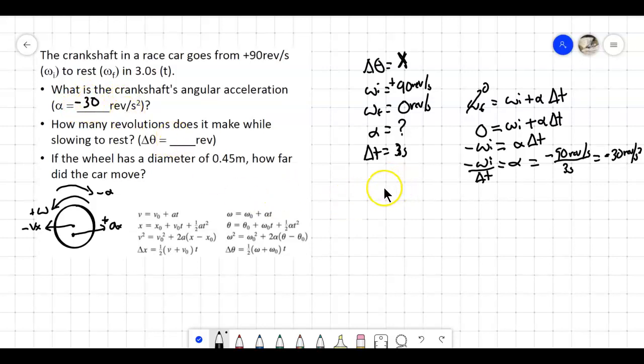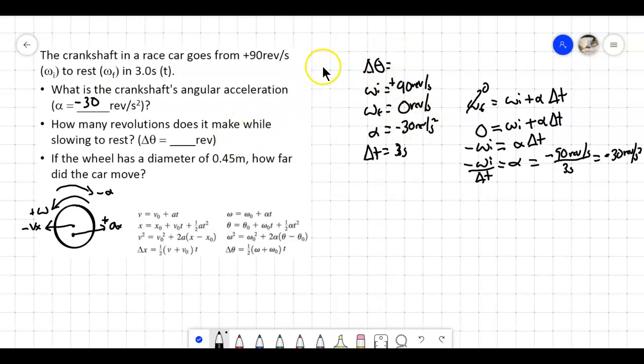Very cool. Well, now that we have the acceleration, I'm now going to put in negative 30 revolutions per second squared here.